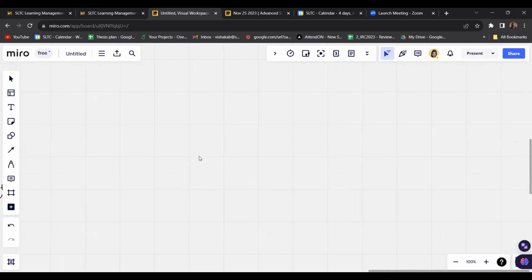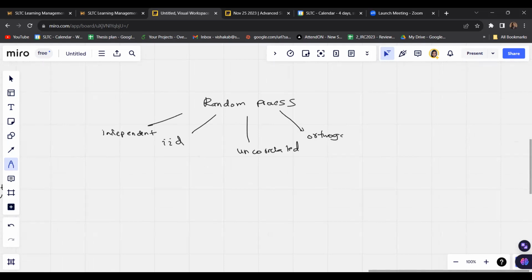There are other things we discussed about random processes, different types of processes. We discussed independent random processes, then IID random processes, which are independent and identically distributed random processes. Then we discussed uncorrelated random processes, then orthogonal random processes. And lastly, we are going to talk about stationary random processes.